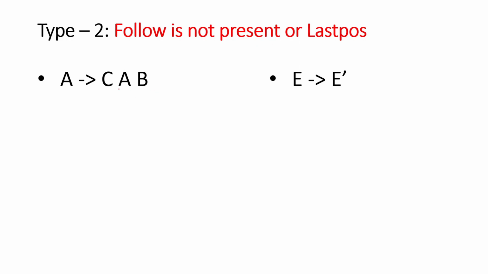Now type 2, that is, if my follow is not present or it is the last position. Say I have been told to find follow of B. Now this is B, but there is nothing in here that is following the B, right? Because B is the last position of this grammar. B doesn't have any follow, that is, follow is not present. In that case, what we're going to do is find the follow of its initials.